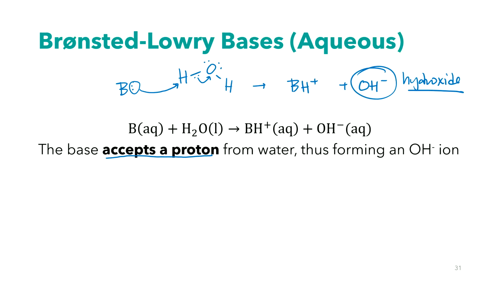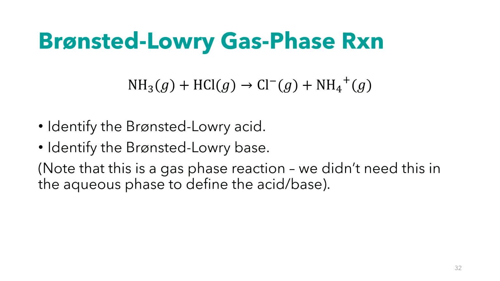All right, so take a look at this reaction here. Notice that I'm in the gas phase. I don't actually need to do a Bronsted-Lowry acid-base reaction in water. I could just transfer a proton between two species. Identify which is acting as the acid and which is acting as the base. When you get these questions, the acid and base should be reactants, so you're not going to pick one of your two products. You're going to remember that an acid donates a proton.